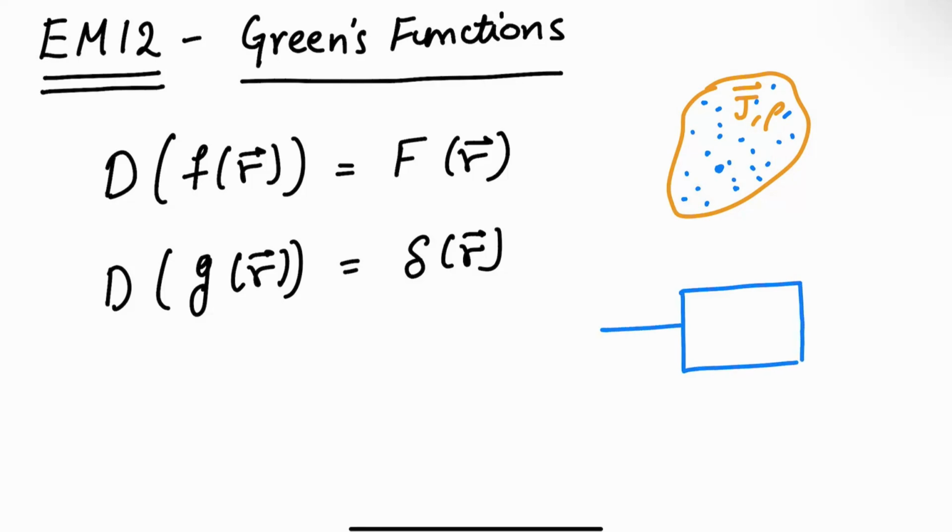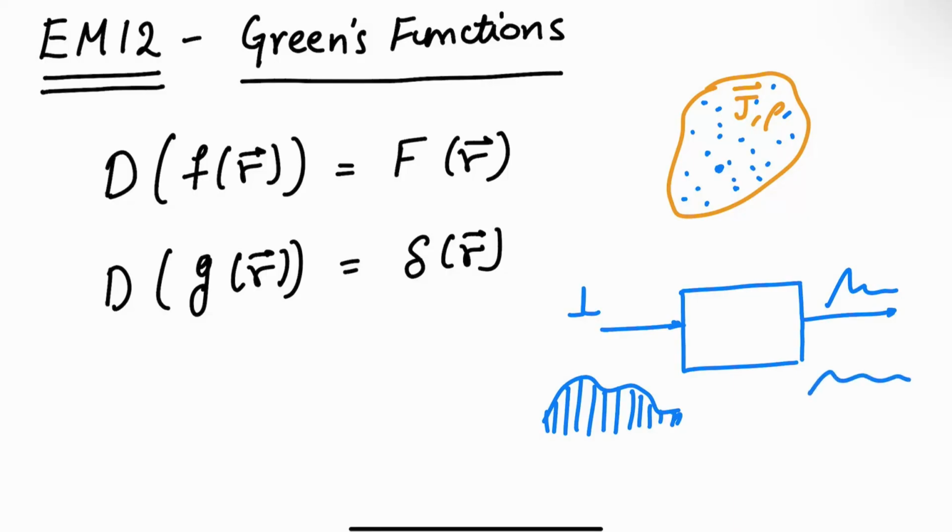If I include an impulse on the left, then the response of my system is called the impulse response. If I have a complicated signal, I can just treat it as a summation of different time shifted impulses. And then the output at the end is the convolution of my impulse response with the input signal. Once you have it for an impulse, you can shift it and then add them up. And that's exactly what a convolution is.